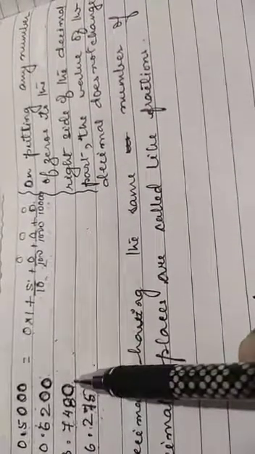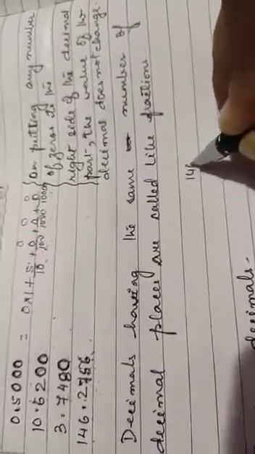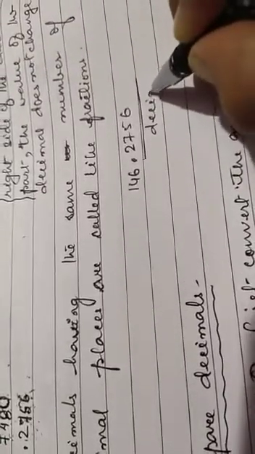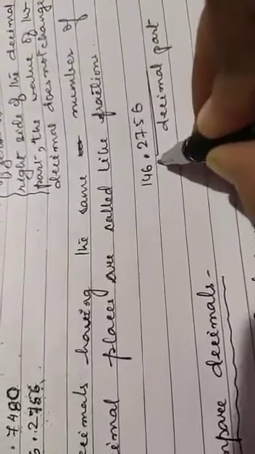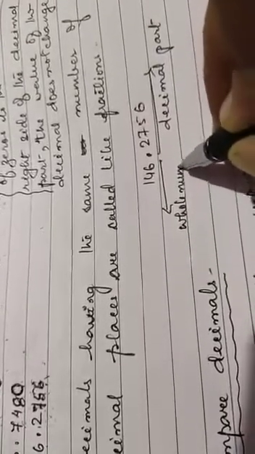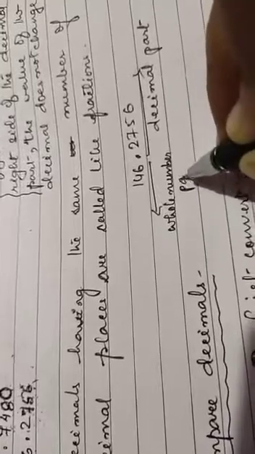This is the decimal part. In a decimal, suppose I wrote 146.2756. From the decimal to the right is the decimal part. From the decimal to the left is the whole number part. This was explained in the previous video.